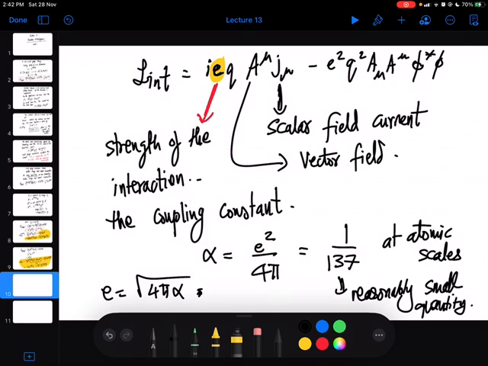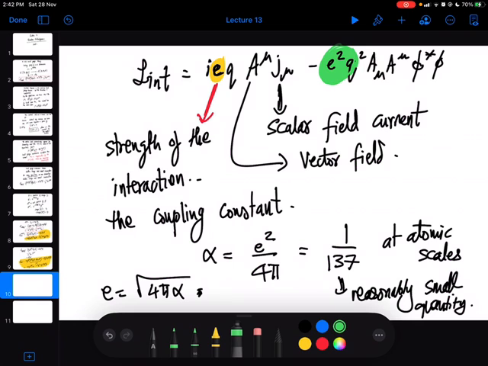Now you see a very interesting thing. The first term is order 1. It's the first order, the leading order in perturbation theory, whereas the second term has e square.